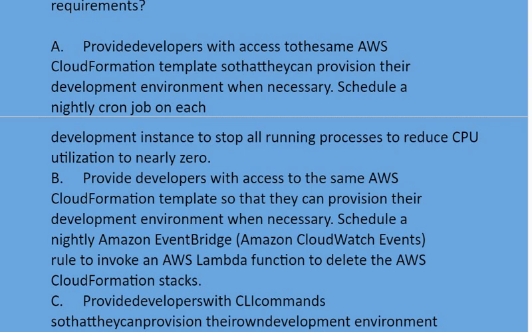Option B. Provide developers with access to the same AWS CloudFormation templates so that they can provision their development environment when necessary. Schedule a nightly Amazon EventBridge (Amazon CloudWatch Events) rule to invoke an AWS Lambda function to delete the AWS CloudFormation stacks.